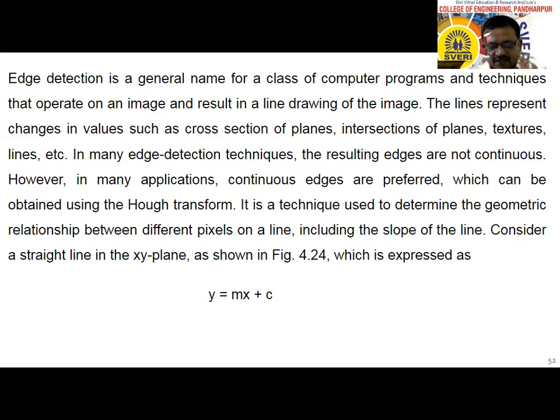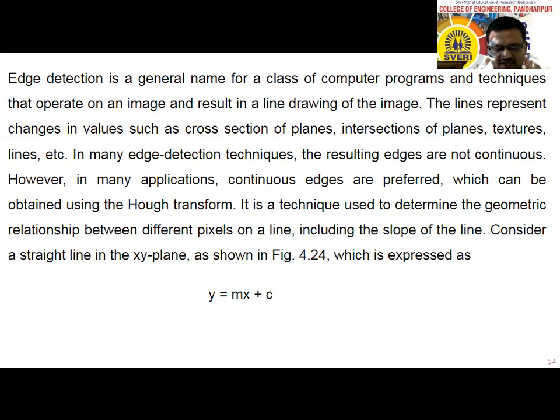However, in many applications, continuous edges are preferred, which can be obtained using the Hough transform. It is a technique used to determine the geometric relationship between different pixels on a line, including the slope of the line.